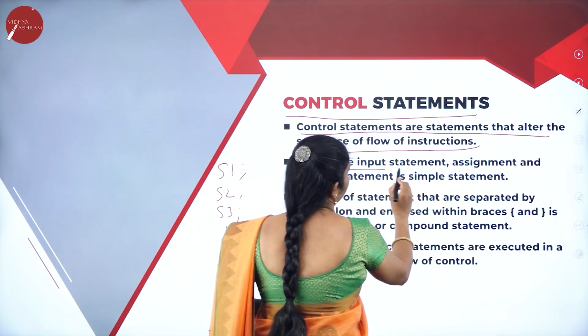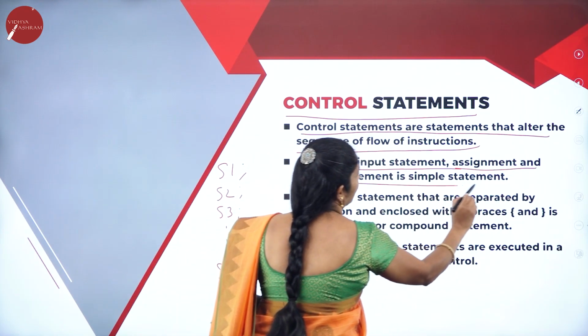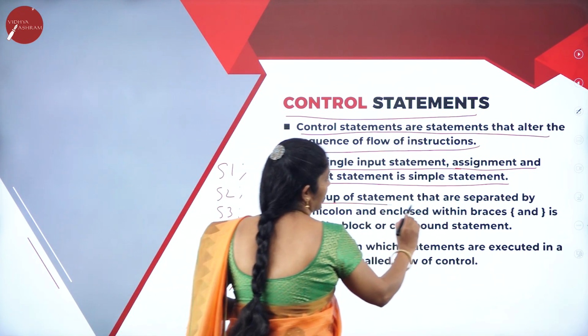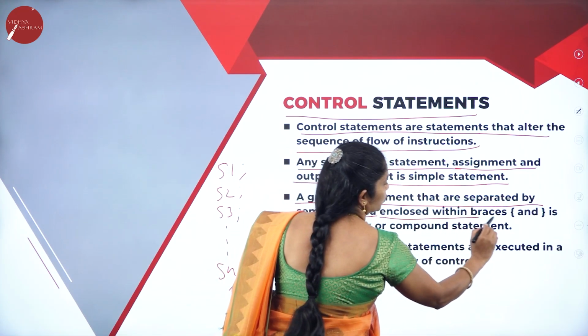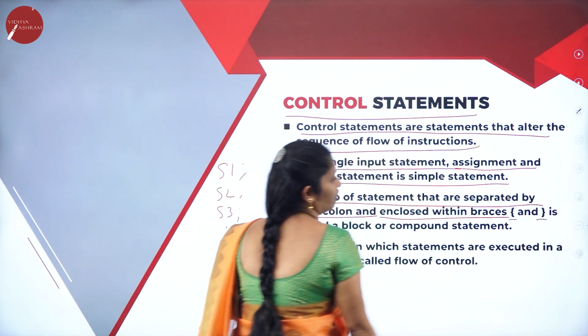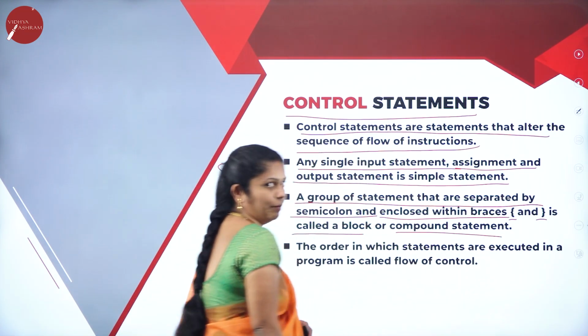Any single input statement, assignment and output statement is a simple statement. A group of statements that are separated by semicolon and enclosed within braces, like open curly bracket and closed curly bracket, is called a block or compound statement.